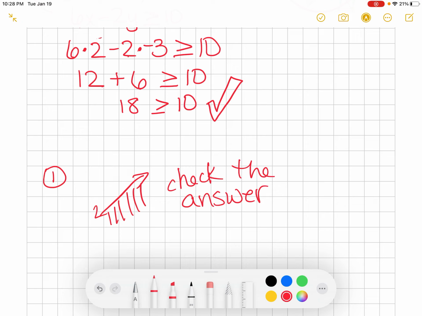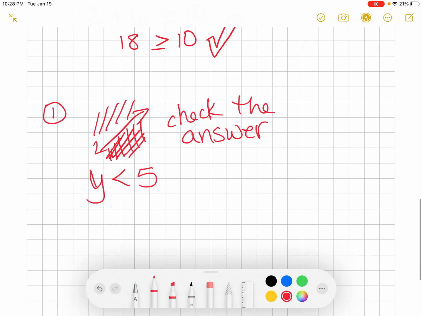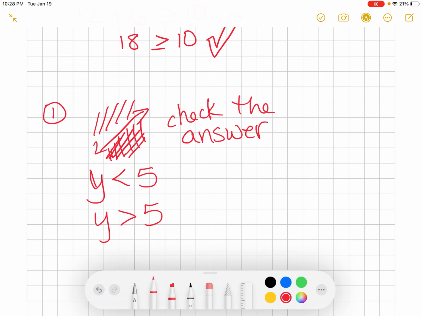If you got it wrong, say, hey, why did I get that wrong? So if you shade it underneath because your answer came out to be less than 5, then say, wait a minute, why did they have it shaded up here? Maybe it's because you need to flip your sign. You need to figure out with your problem why you would get that wrong.